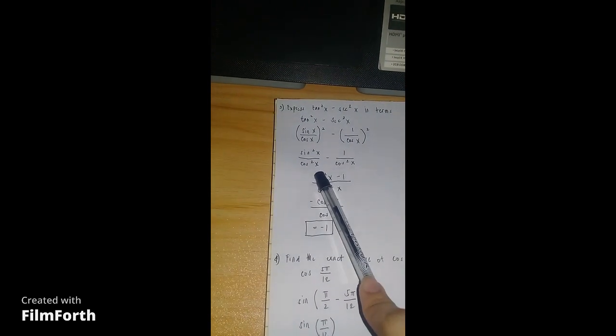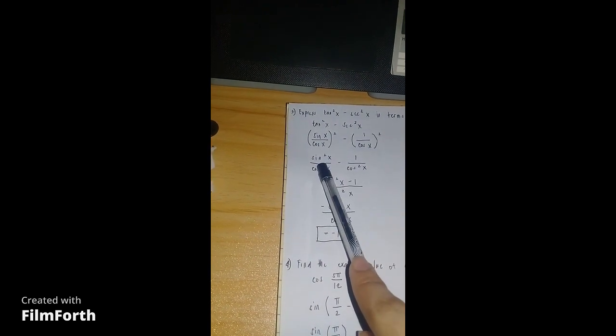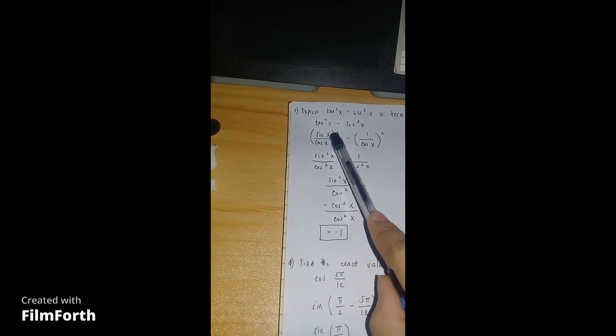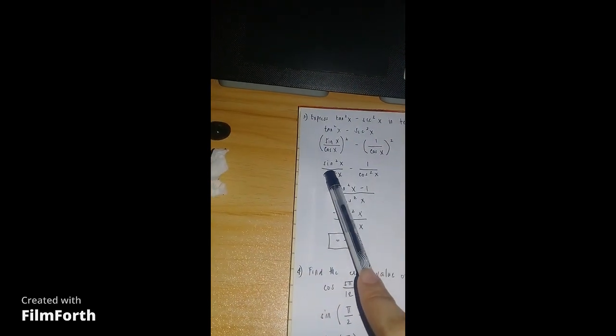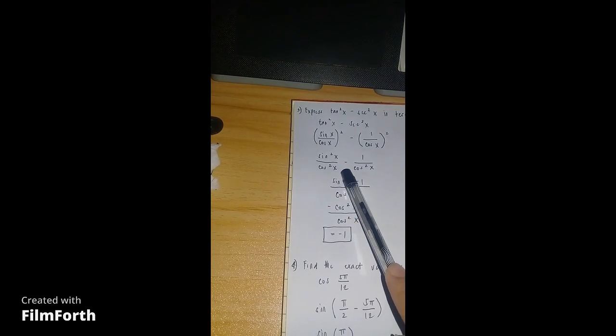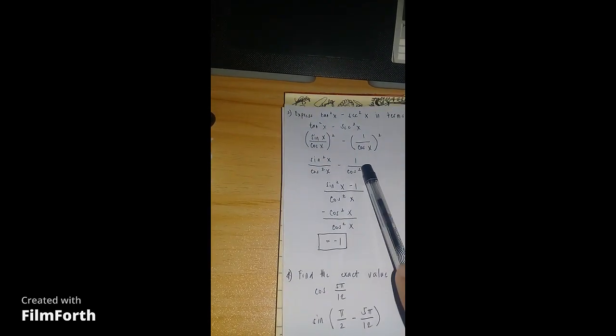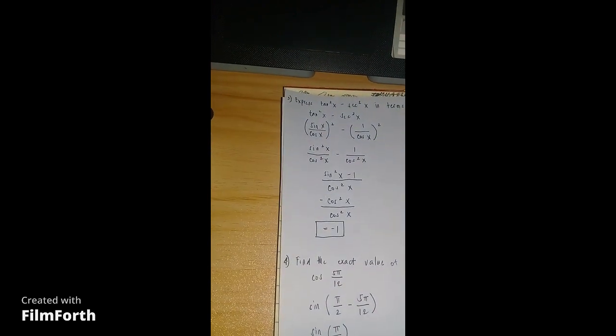So just copy the sign and apply the square. So we have sine squared x over cos squared x minus 1 over cos squared x.